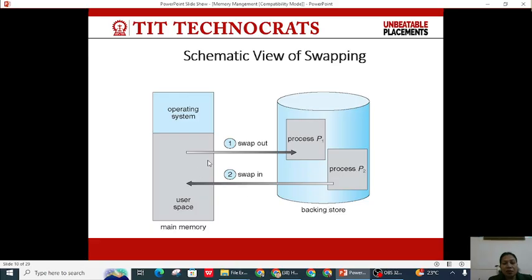Whenever a process is required, it is taken from the backing store to the main memory, and whenever the process completes its execution or due to some interrupt, we swap out this process from main memory to the backing store.